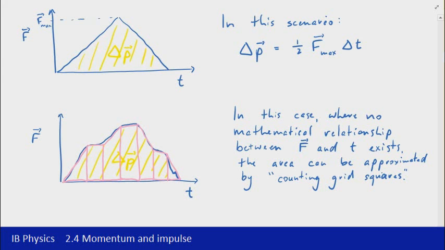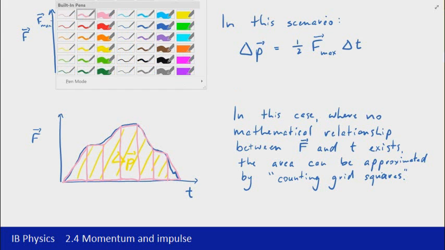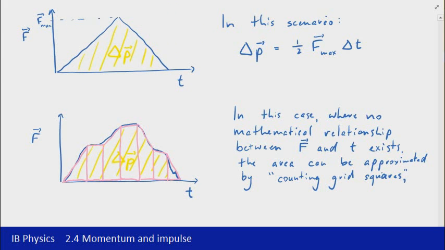So there are a number of different ways that you could do it, by counting the grid squares or approximating areas, but in the end it's always about calculating the area under the curve. So I'll just make that last note: approximating shapes.